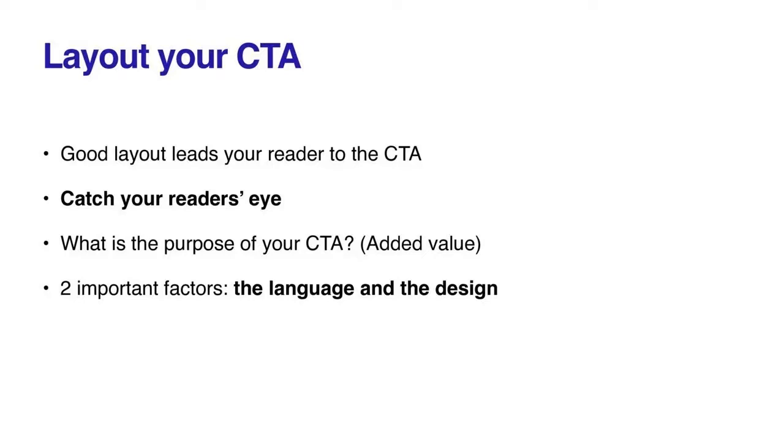Every CTA has to be an added value for your readers. Even when you don't measure it literally, they have to receive something in return for their valuable time when they click on your CTA. Of course, there are two factors that play a big role in this, namely the language and the design of your CTA in comparison with the rest of your email.